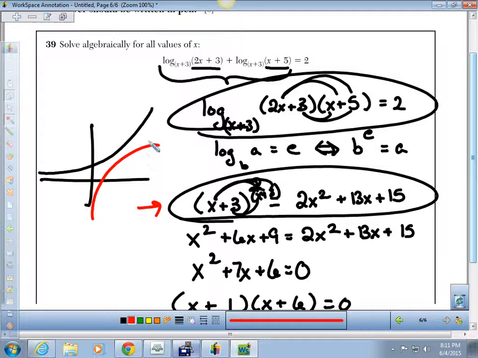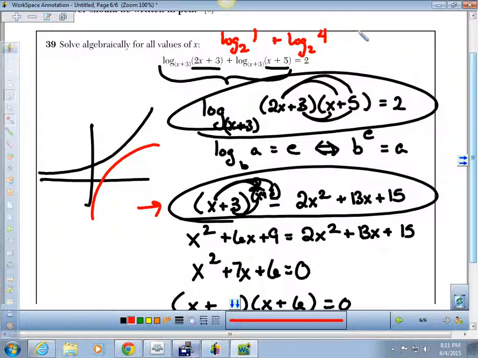-1. Is -1 going to work for us? Yeah, because what's -1 plus 3? 2. So we'd be looking at log base 2's. Negative 1 plus 3 would be 2, and over here, negative 1 plus 5 is 4. What's 2 times 4?